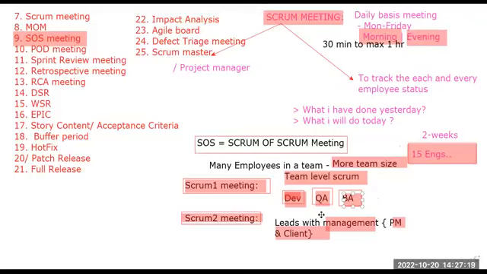So SOS meeting is nothing but when we have a larger team size, we create levels of the team like QA, developer team, and BA team, and each can create its own Scrum meeting. Like developers create their own Scrum meeting, and they can read each and every employee's status there.